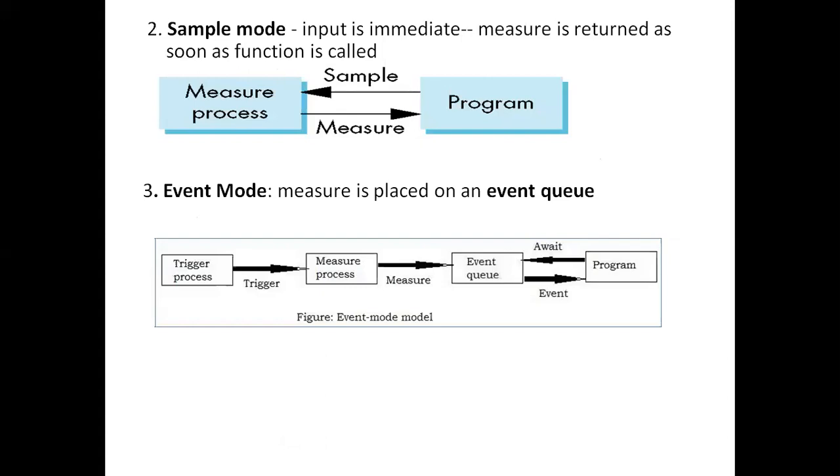Now coming to the third method of giving the input to the program, which is event method, event mode. Request mode, sample mode, event mode. Here the message or information is placed on the event queue.